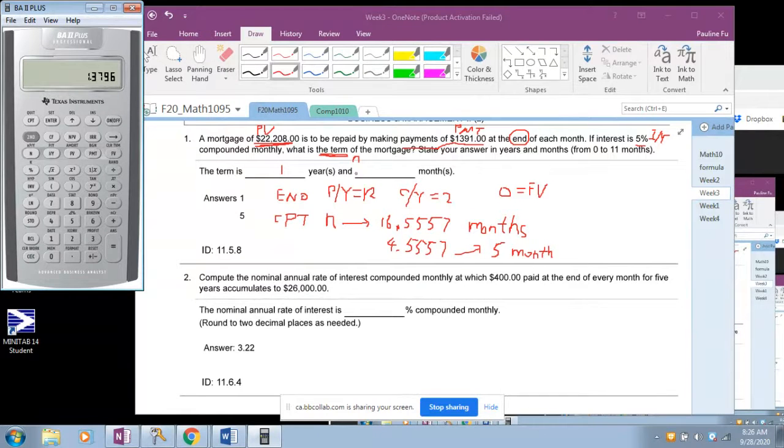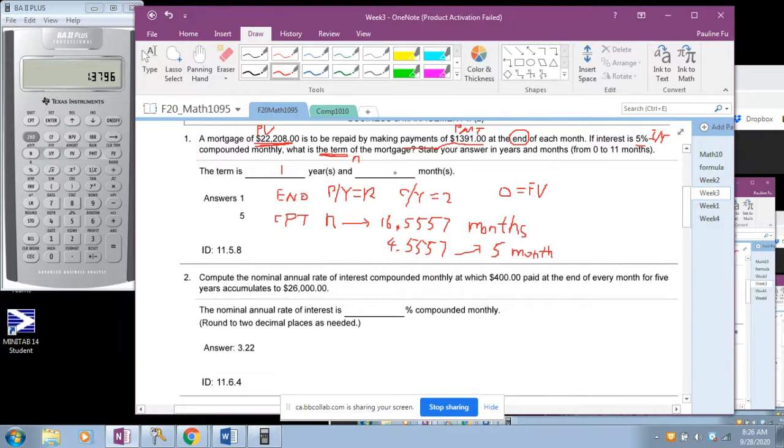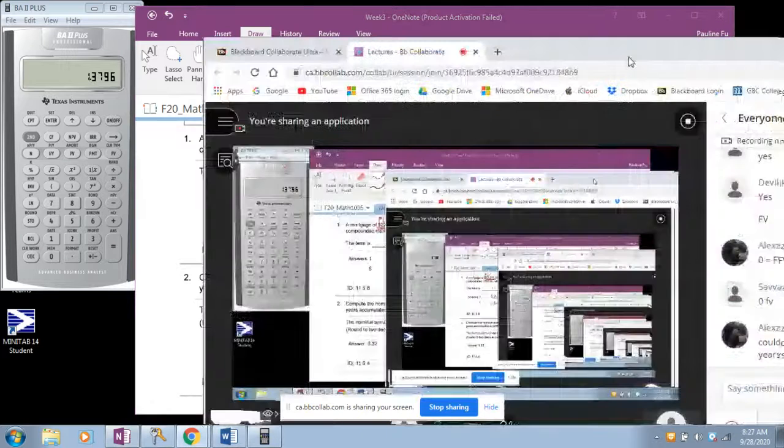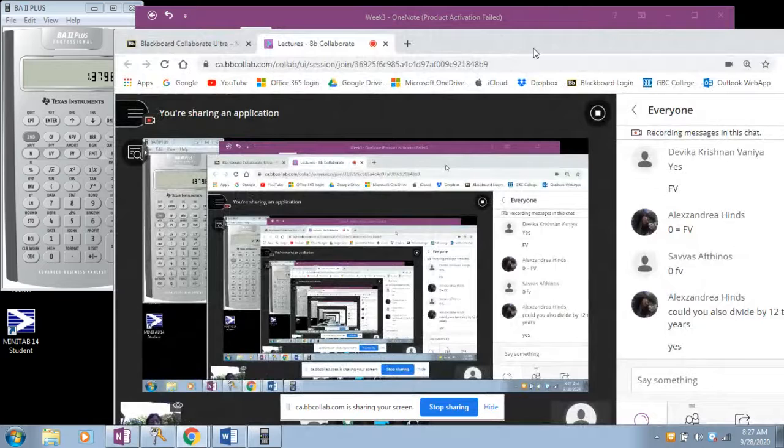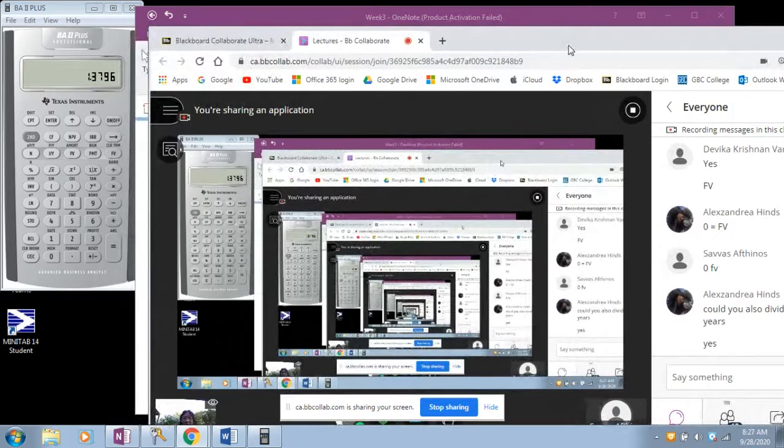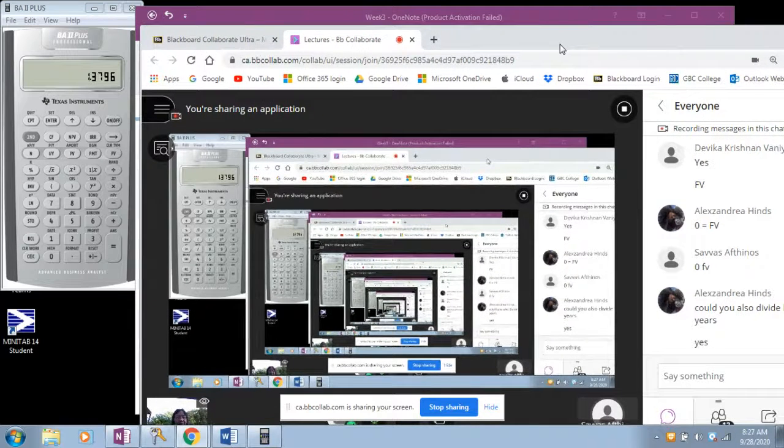See, the question asks you for years and months. So you have to use 0.3796 times 12, and you get 4.5557 months. Does that answer your question? Alexandra, thank you. You could divide by 12, so you got 1 year. Then use 0.3796 times 12 to get months.